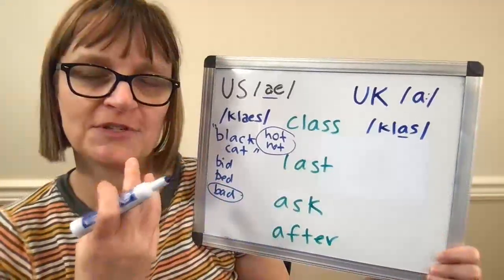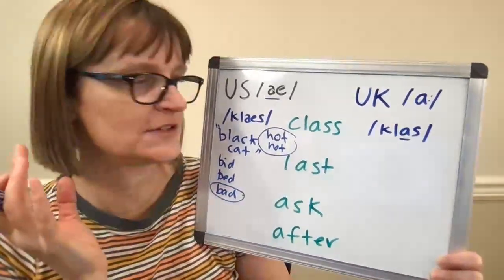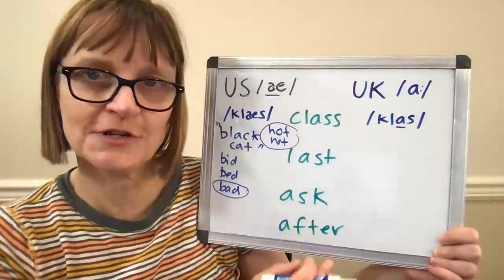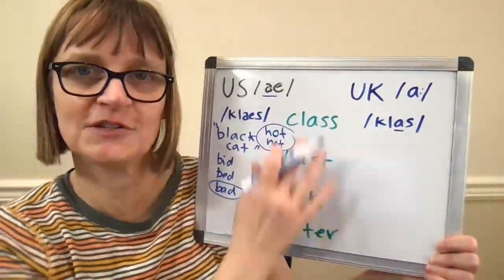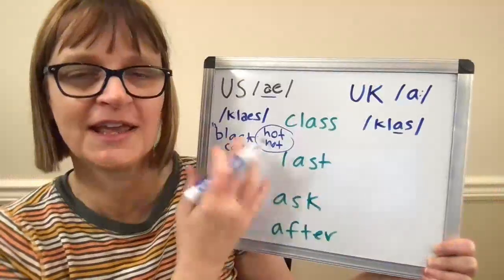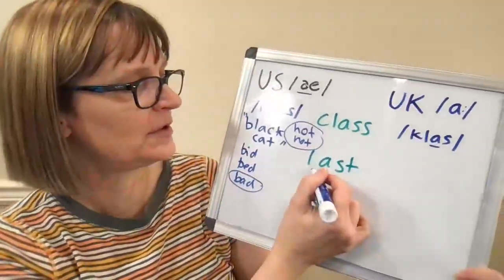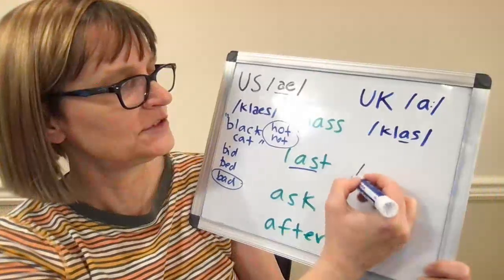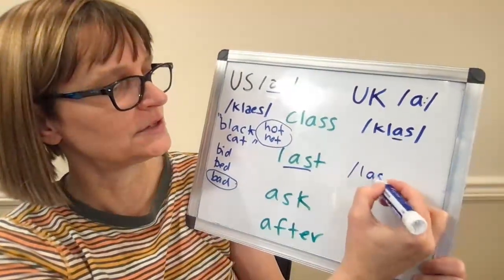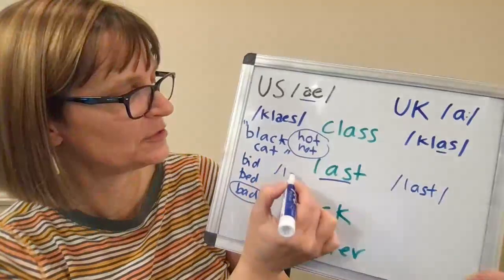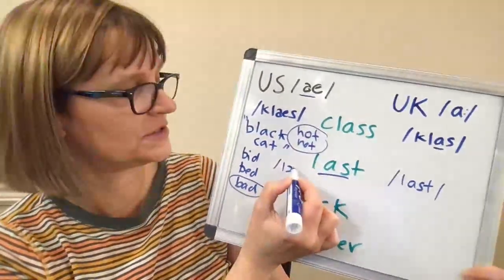Your tongue shape is different and you should be able to hear that difference as well. It doesn't matter too much for being understood if you're speaking with Americans, if you use this British pronunciation, with the exception of some words that might be similar. For example, last, if you use lost in British English, it sounds very similar to American English, lost.